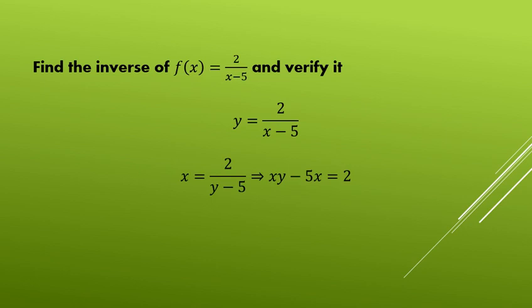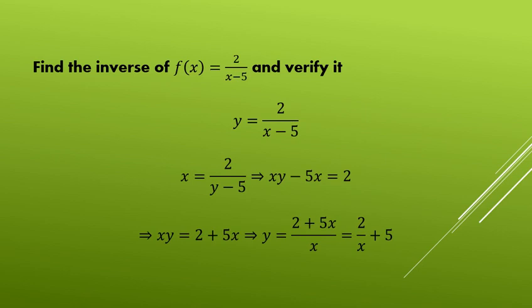Now I started to solve for y. I kicked it off by cross multiplying. x times the quantity y minus 5 is equal to 2 over 1, which is really what we have on the bottom there, so that's just equal to 2. I'm going to add the 5x onto both sides to give me xy equals 2 plus 5x.